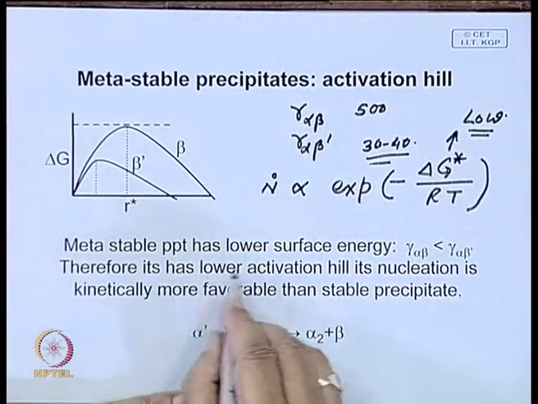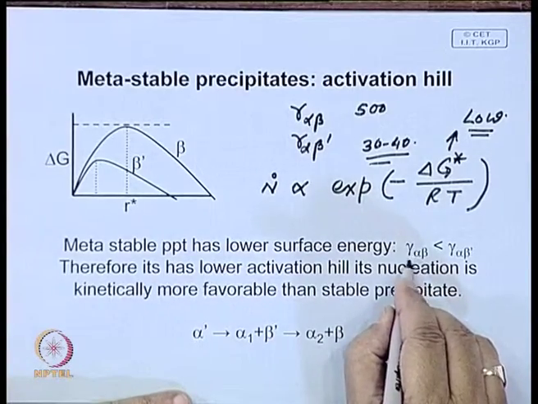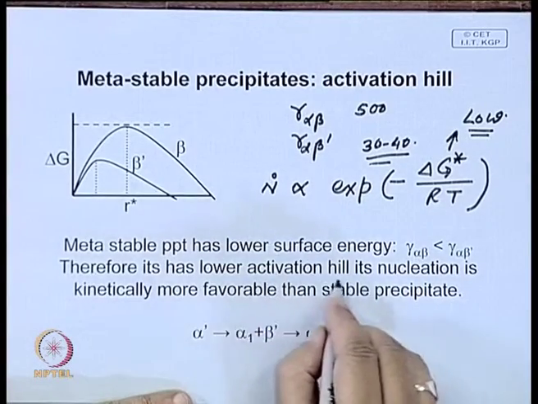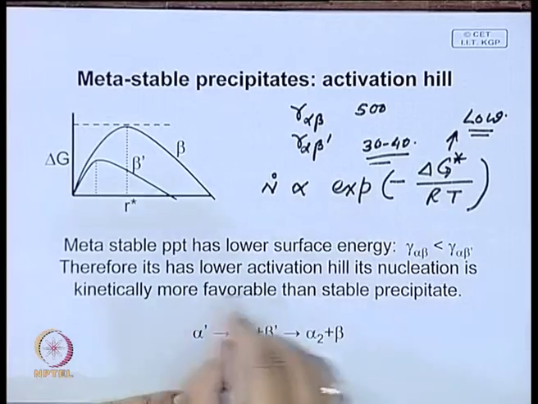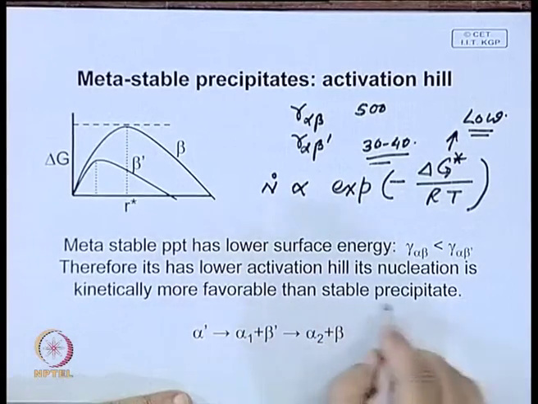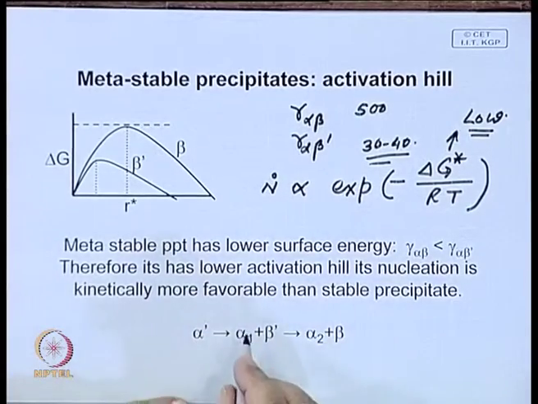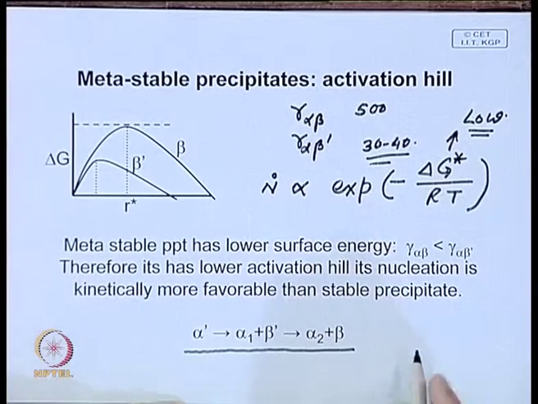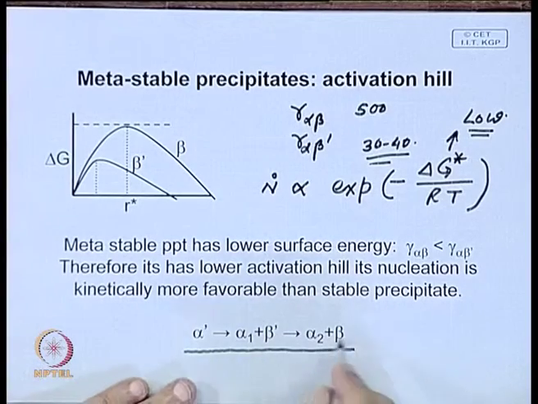Therefore the metastable precipitate, since it has lower surface energy and a lower activation hill, has nucleation that is kinetically more favorable than the stable precipitate, and that is the way precipitation takes place in any supersaturated solid solution.